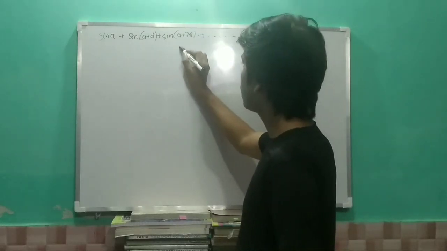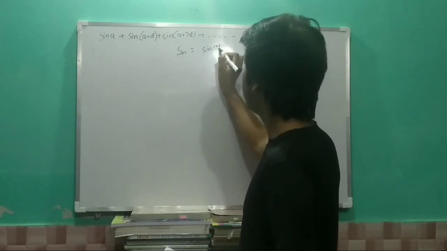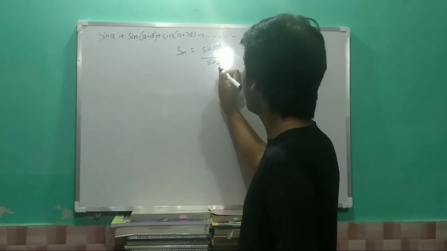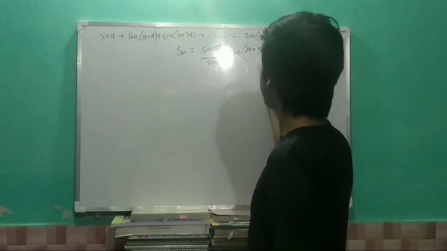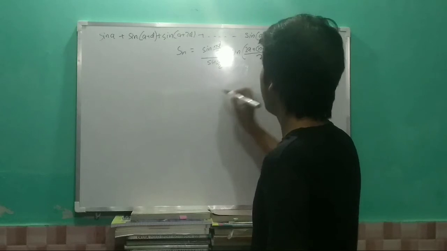the formula of the sum of the series will become sin nd by 2 over sin d by 2 into sin of (2a plus (n minus 1)d) by 2.